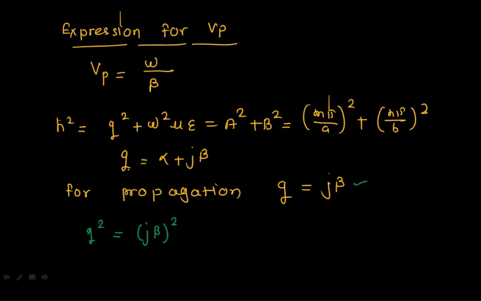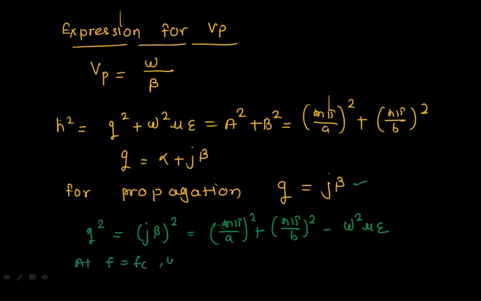Okay, so gamma square is equal to (j beta) square is equal to (m pi by a) square plus (n pi by b) square minus omega square mu epsilon. Now, at exactly f is equal to fc, I have omega is equal to omega c and my gamma is equal to 0 because my propagation just starts there. Okay? So I can write this value will be 0.